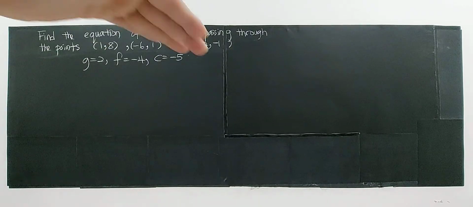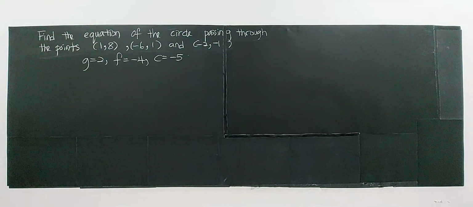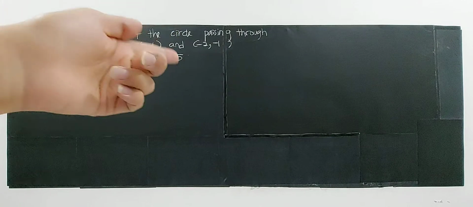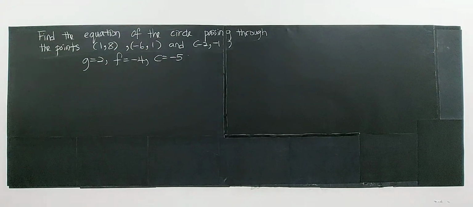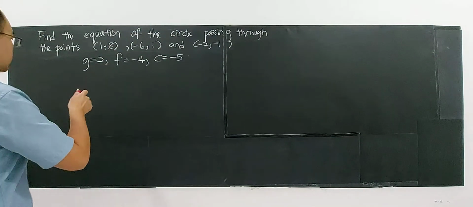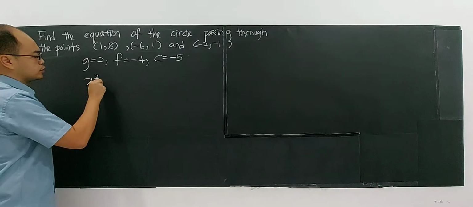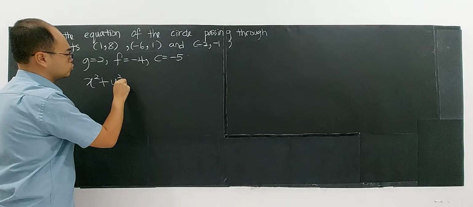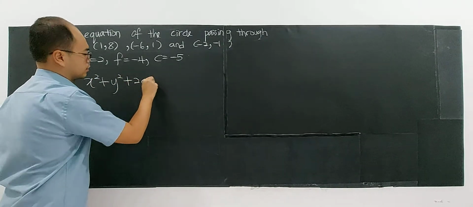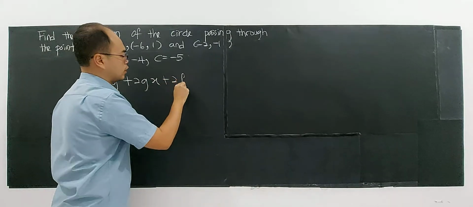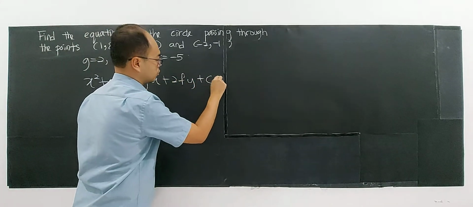By substituting these 3 points into the general equation, we can find the values of G, F, and C, right? With a unique solution, it means that we can now know the general equation of the circle, which has 2gx plus 2fy plus c equals to 0.